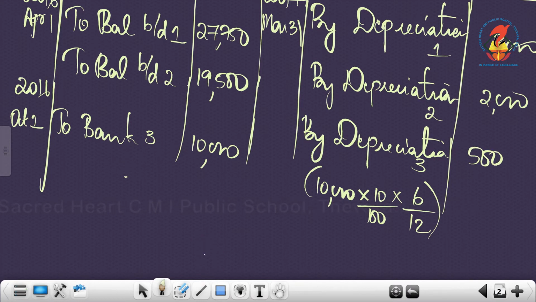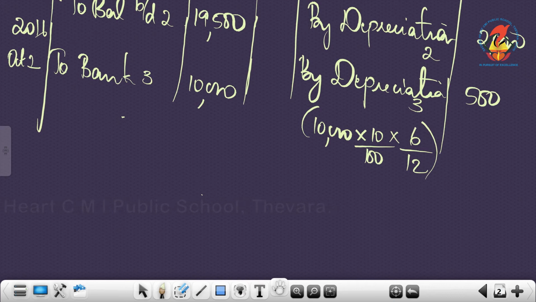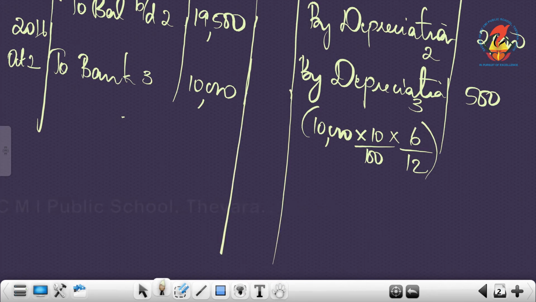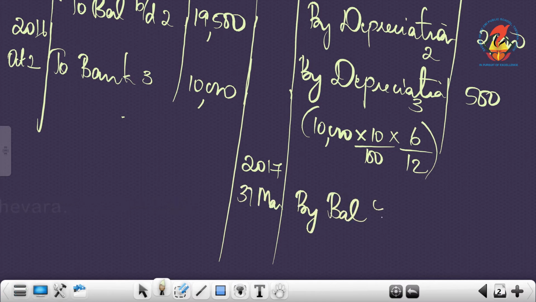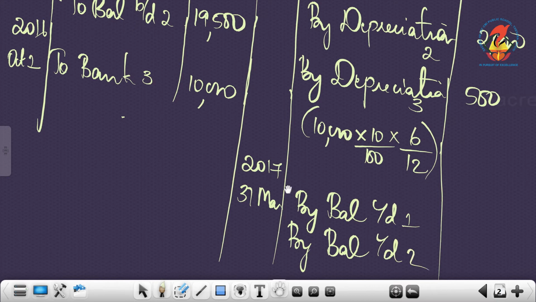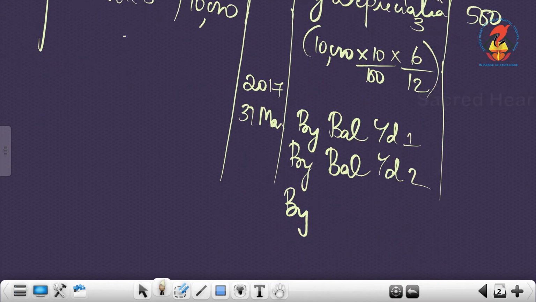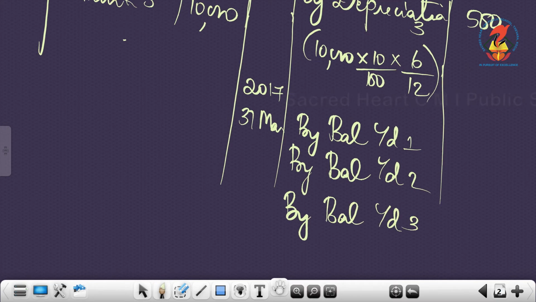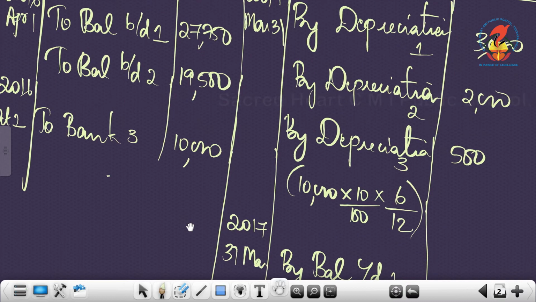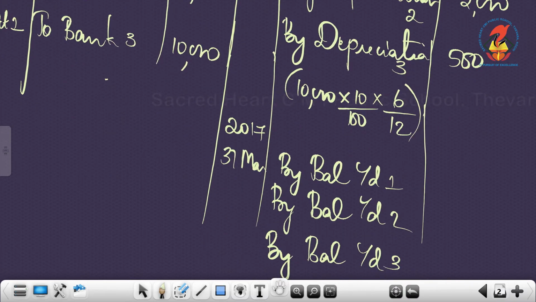So now we will write the balancing figures. For 3 machineries we have to write separately. The date will be the same, the year ending date. This is by balance carry down 1. We have to write 3 balances in this second year. So now what we are going to write is, it is 27,750 minus 3,000, that will be balance carry down 1.